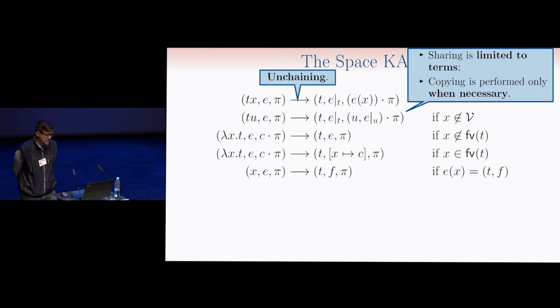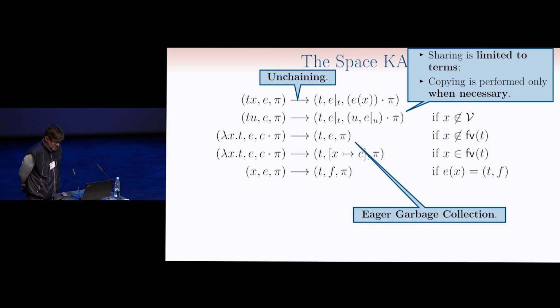The second rule tells you that copying is indeed performed, but only when necessary. This operator bar T stands for a sort of projection operator on environments. And on top of that, sharing is by design limited to terms. We don't share environments at all. We don't share closures at all. We only share the initial term. This is implicitly a way to account for the size of the input. Only the terms are shared.